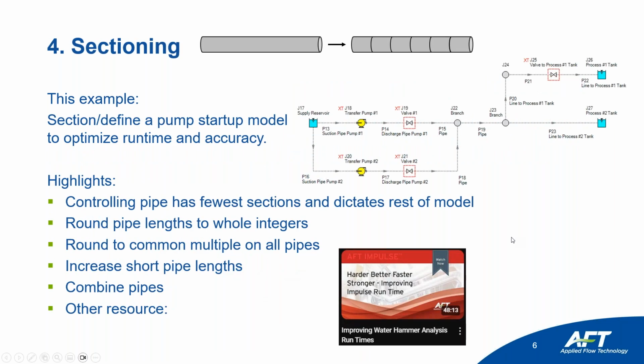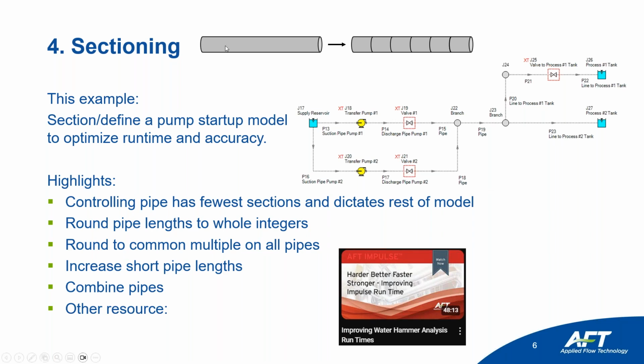Pipe sectioning. This is one of the most important things that AFT Impulse does. So in order to analyze pressure waves traveling throughout your system, we need to be able to compute various different parameters at intermediate points within each pipe.